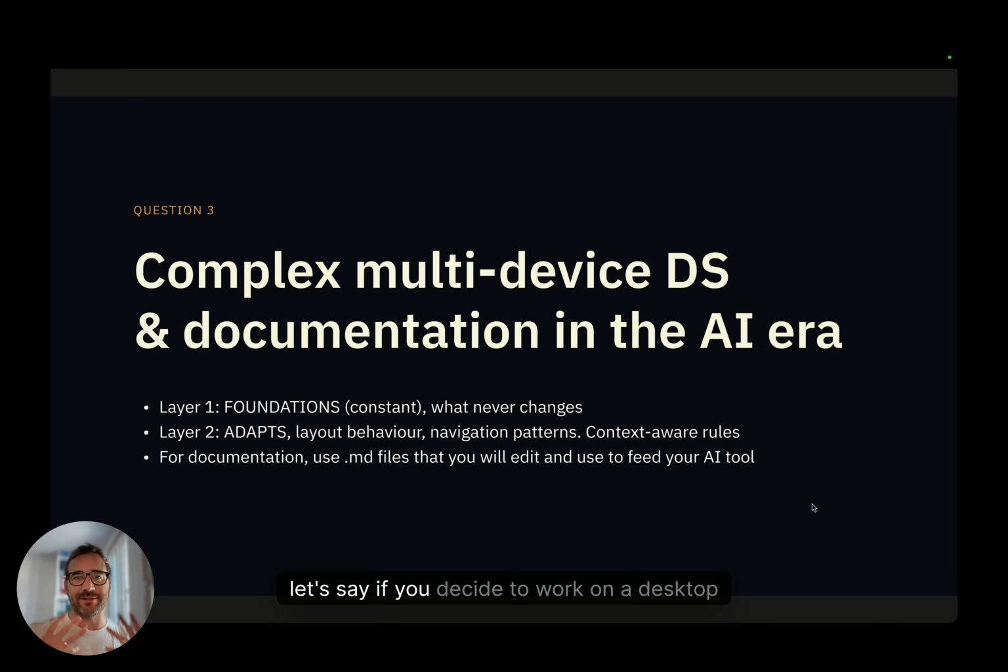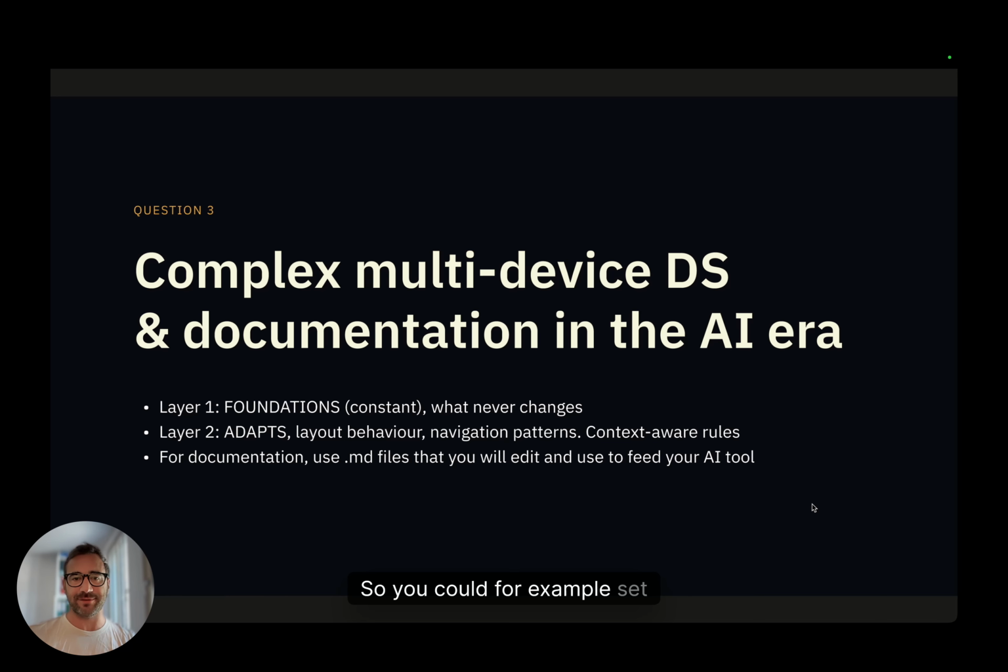So let's say you decide to work on a desktop version first, so you're going to set up your layout first, define your different grids, and then decide how to set different patterns, right? And from there, you're going to create your first rules and also first viewports. This is something you can describe, for example, in this design MD file.